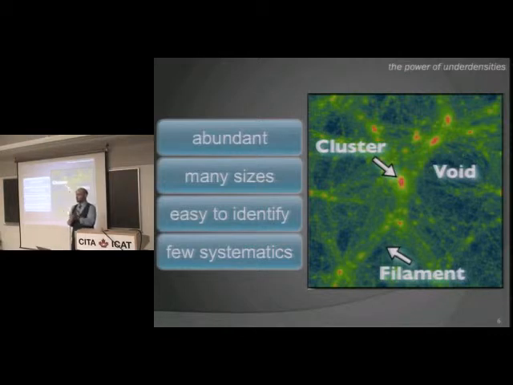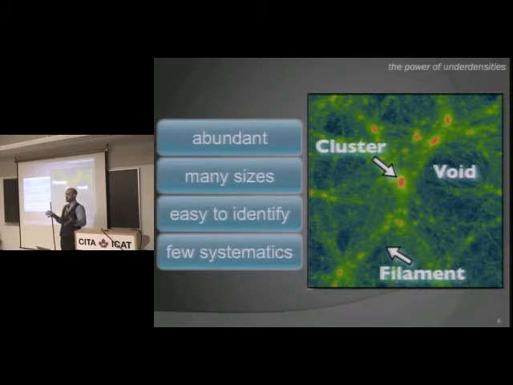But for voids, the motions of galaxies and dark matter inside of voids are still in the quasi-linear regime. They're very close to the initial density perturbations. This means that there are still a few systematics left in voids, but they're very easy to model. You can write down analytical expressions for the velocity flows of matter inside of voids, and they are subdominant to the cosmological signal in a void.